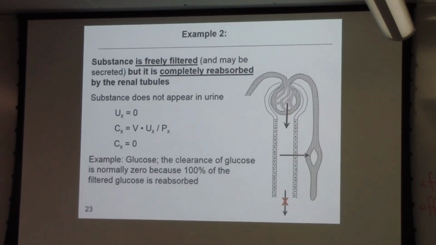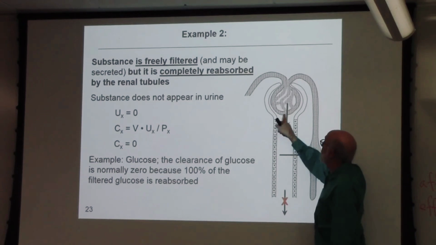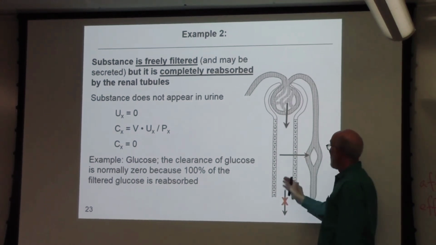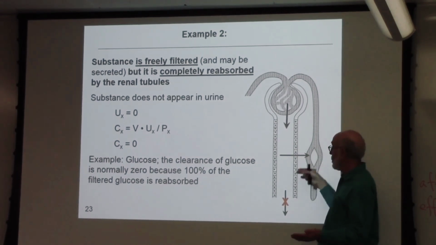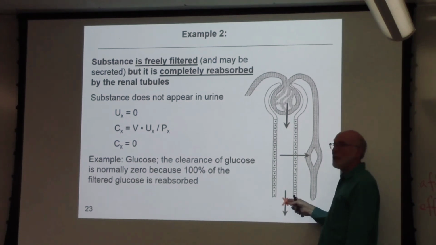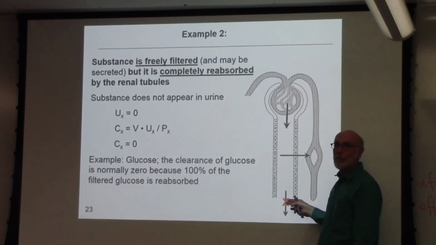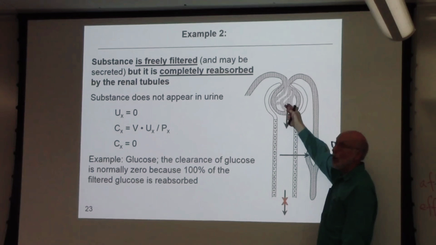Okay, that one's easy. Here's another one that's pretty easy. A substance that is freely filtered but is completely reabsorbed by the processes that we'll talk about next week. So none of it ends up in the urine. So if none of it is in the urine, the clearance is 0. Glucose is the perfect example of this substance.